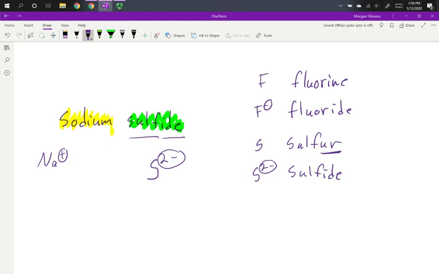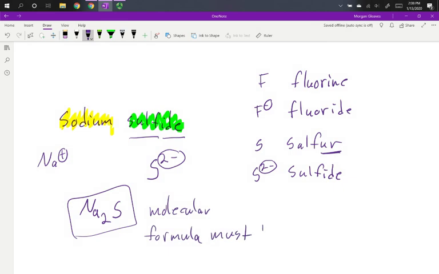But in this case, what I'll find is that I actually have to have 2 sodiums for every sulfide. And the reason is your molecular formula must always be neutral, so it must have no charge.